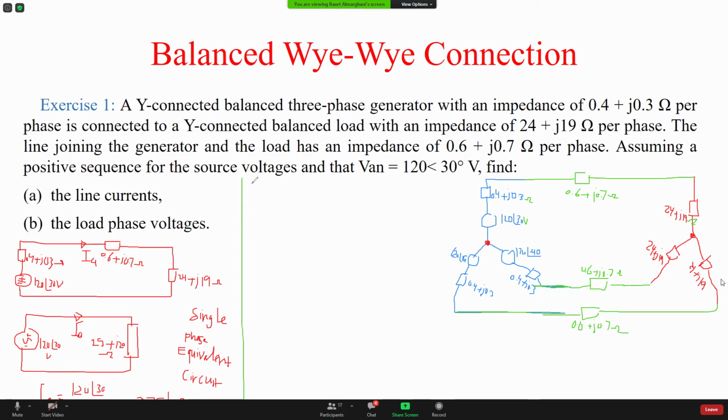So the line currents: IA, IB, and IC. I just found it.